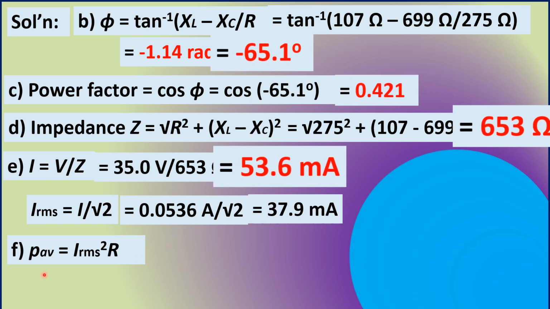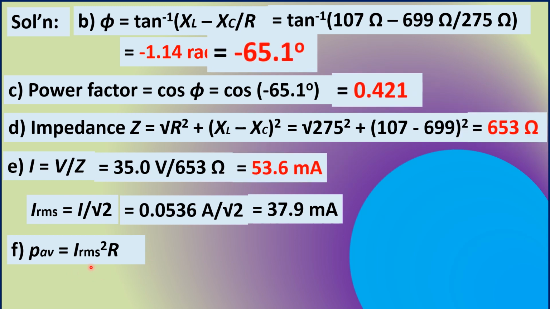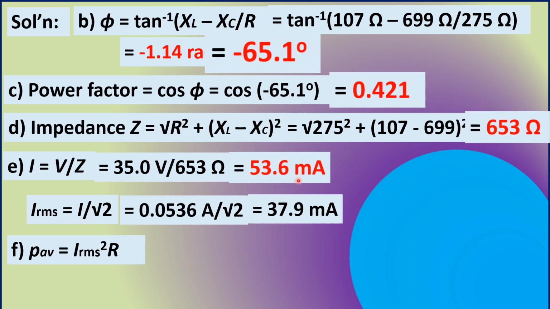And for our final question, we are asked to find the average power. Using the formula, the square of the root mean square of the current multiplied by the resistance big R. Since we don't know yet the RMS value for the current, we determine it by dividing the current amplitude that we obtained in letter E by the square root of 2.